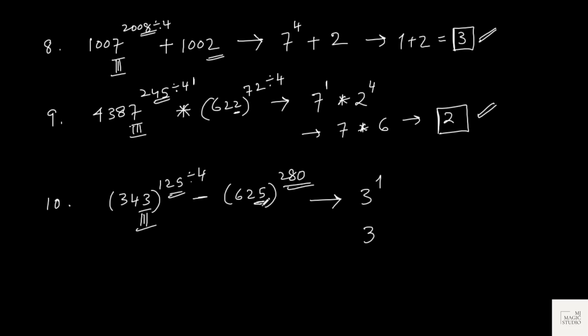Then we have 5, any power, this is in type 1. Any power on 5 will end with 5. So we have 3 minus 5, that is minus 2. Since it is negative, we'll add the number system base point, that is 10. So last digit would be 8. Please don't say it is minus 2. Now you move on to the new different kind of question. Let's do it.